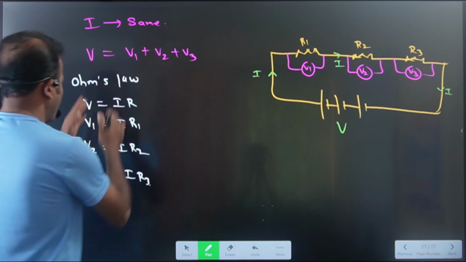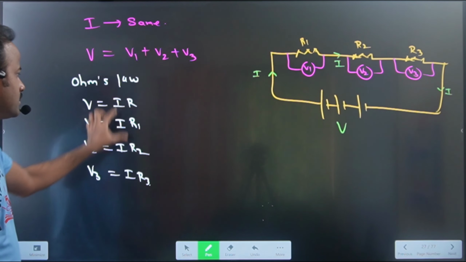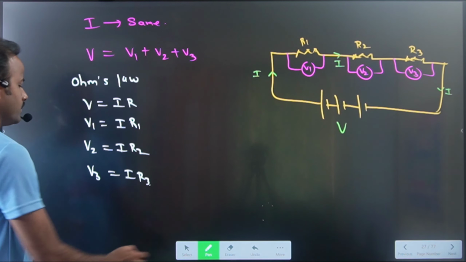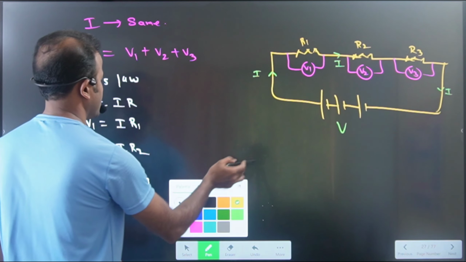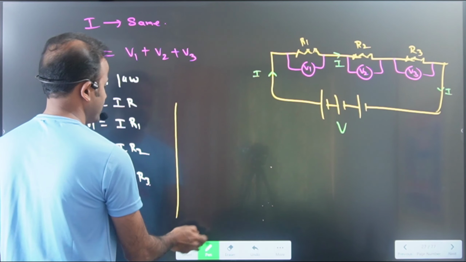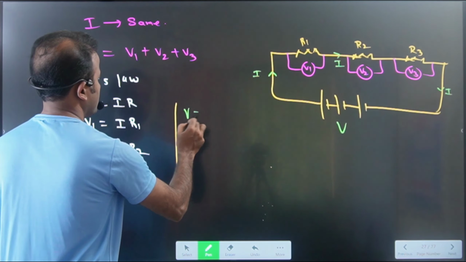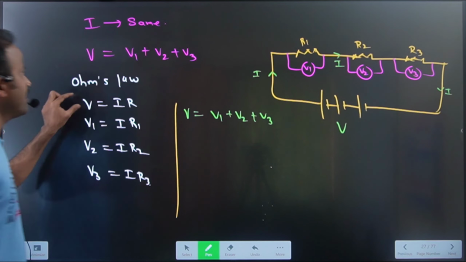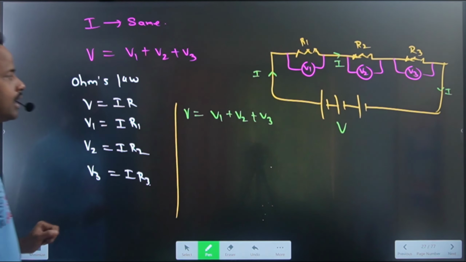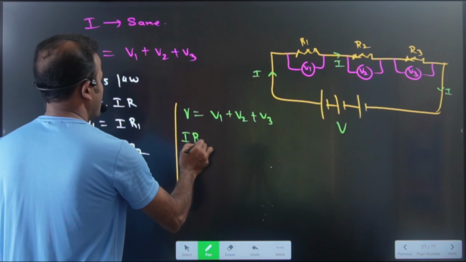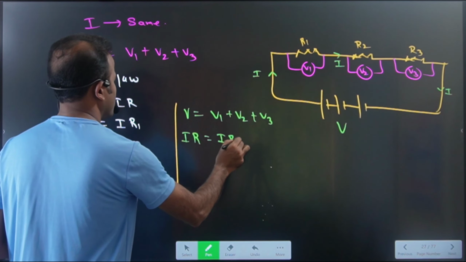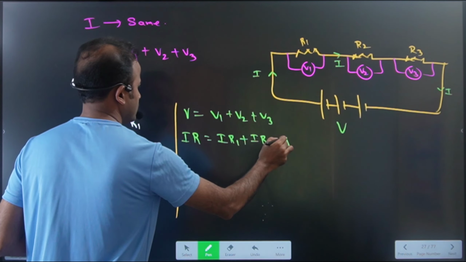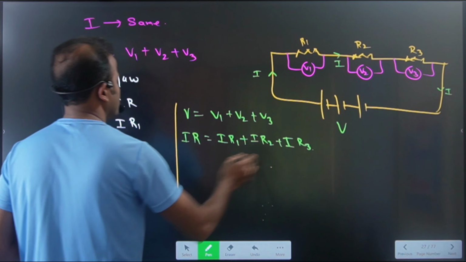Now you just substitute all these formulas in the given equation V = V1 + V2 + V3. What is the V value we have here? I into R. V1 is I into R1, V2 is I into R2, V3 is I into R3.